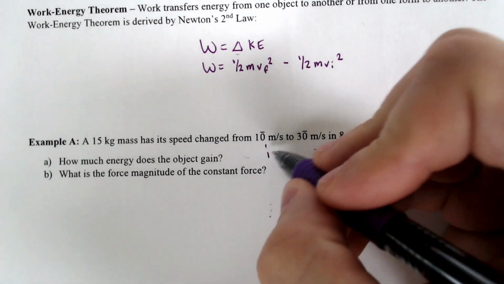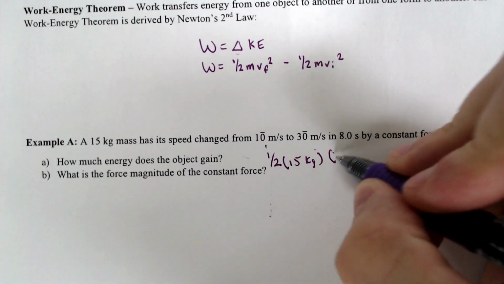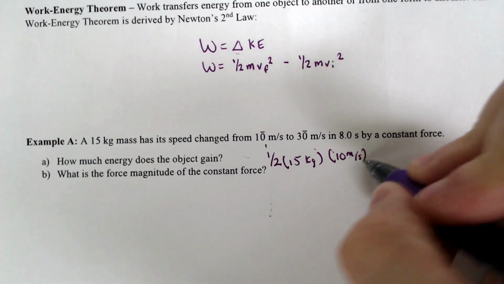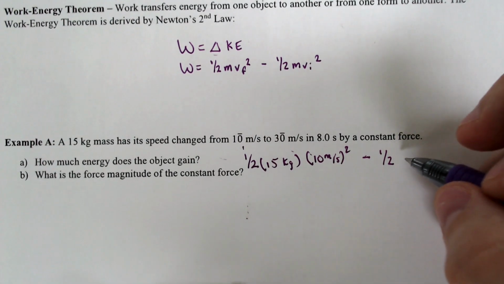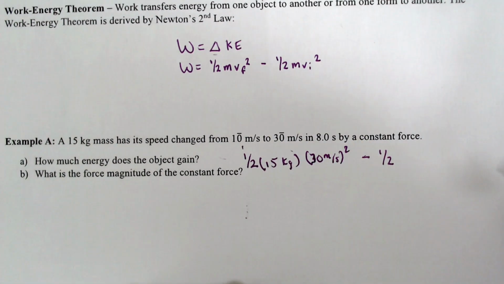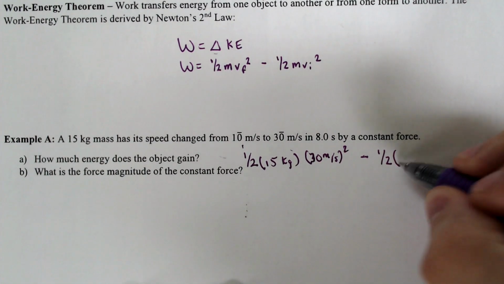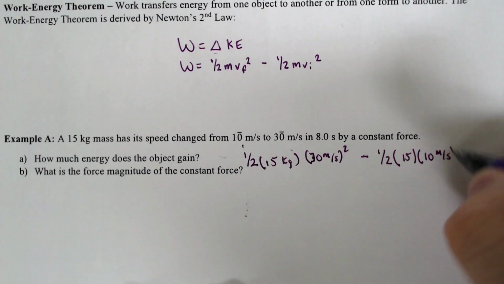So this would be 1/2 the mass, which is 15 kilograms, times the velocity, 30 meters per second squared, minus 1/2 15 times 10 meters per second squared.